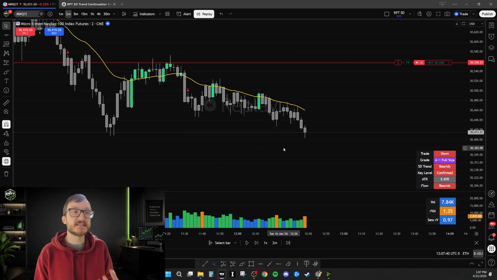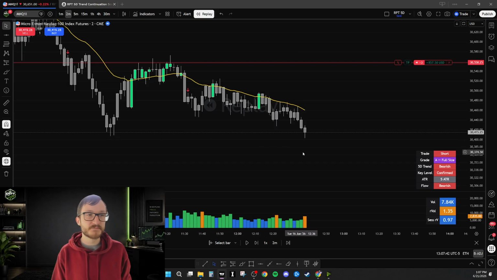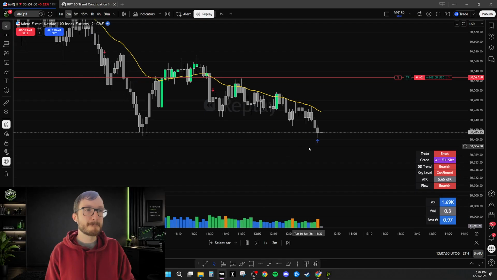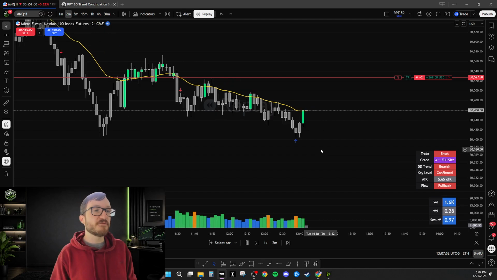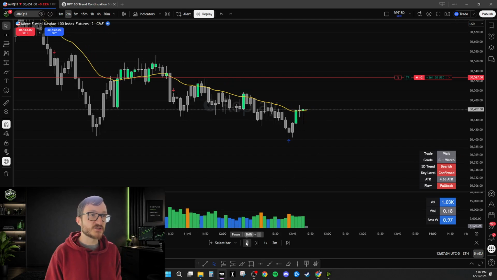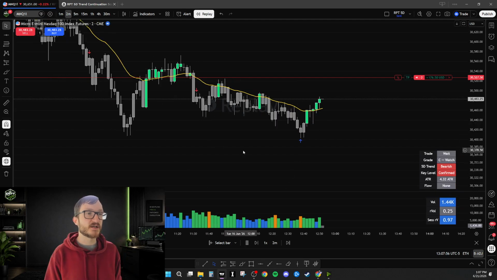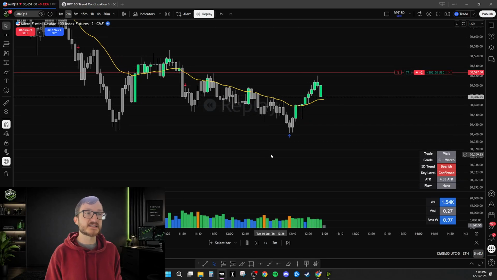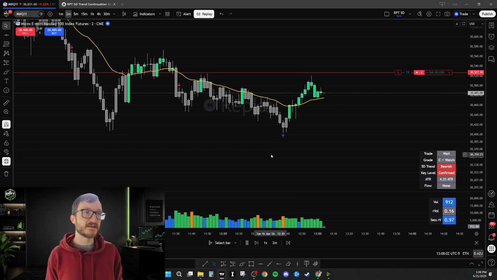This is where I might consider taking some size off. So I'm actually going to buy back some of the size that I put on. And I'm going to press play and watch if we break this key level that did just touch this previous low. That would be a good sign for me that everything is going to continue in the direction that we're headed.